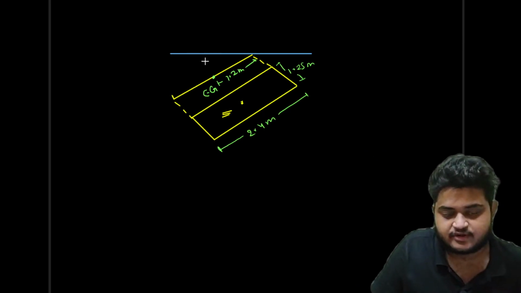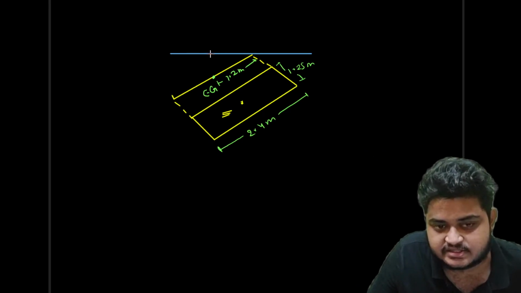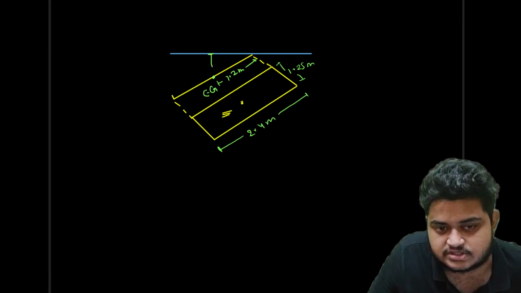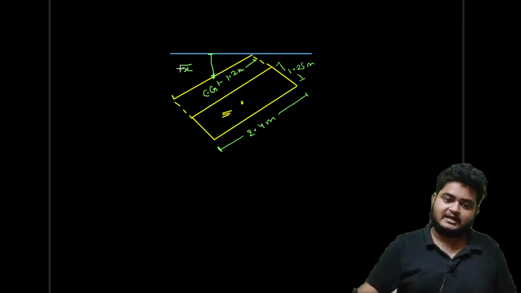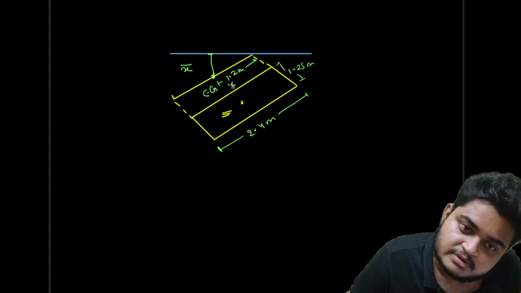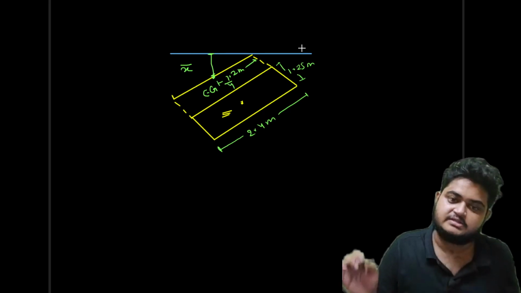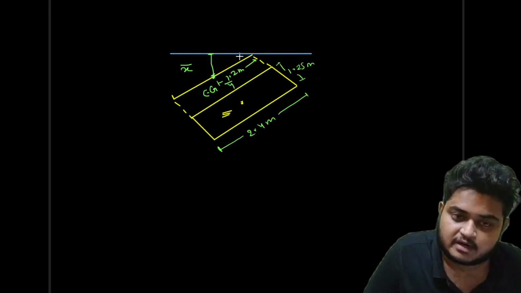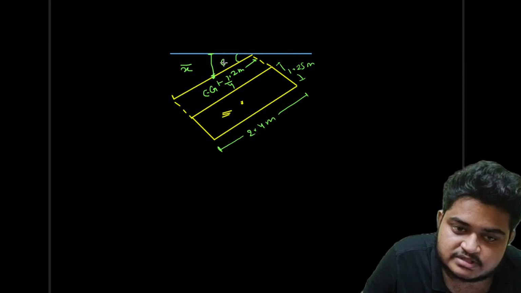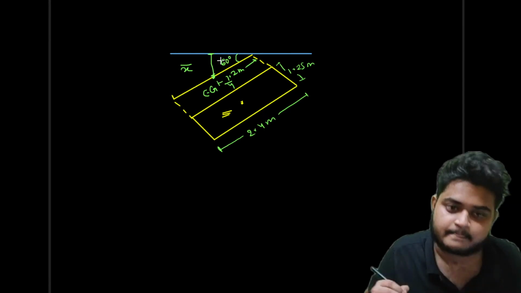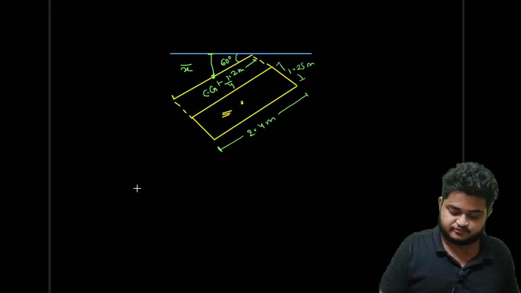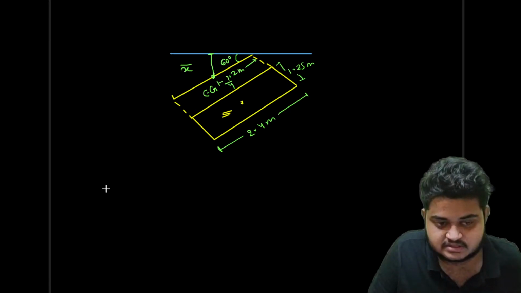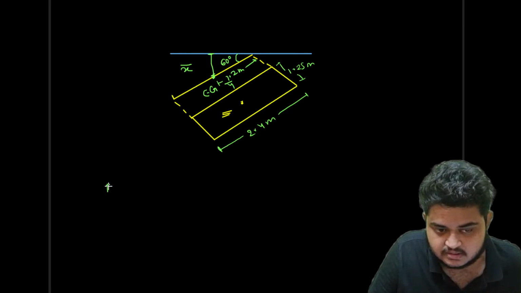Okay, so if I want to calculate the horizontal distance from the surface to the CG, let us name this as x bar, and this is y bar, which is 1.2 meter, and this is the angle which is 60 degree. So we need to calculate here the pressure force.